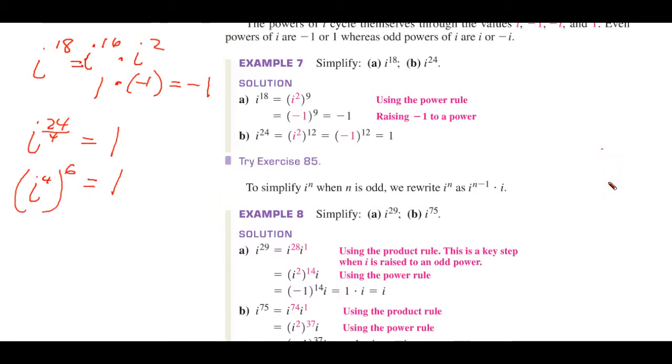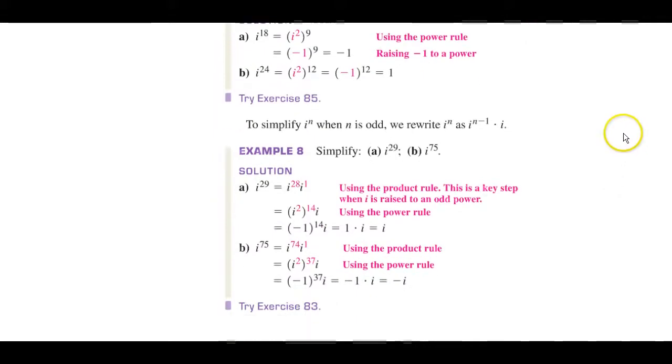Let's try i to the 75th. Now, i to the 75th, they work it out a little differently than what I would do. I want to say, how many times does 4 go in there?